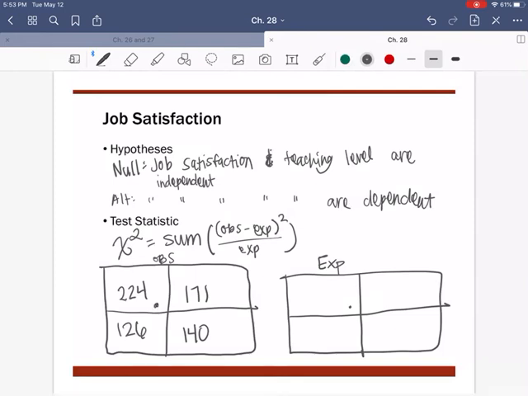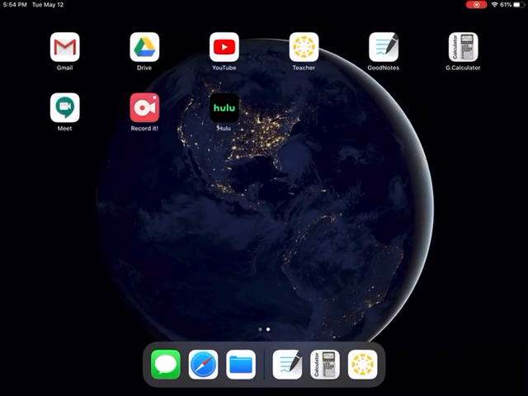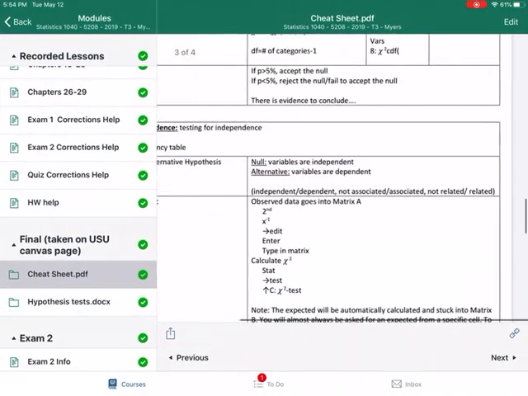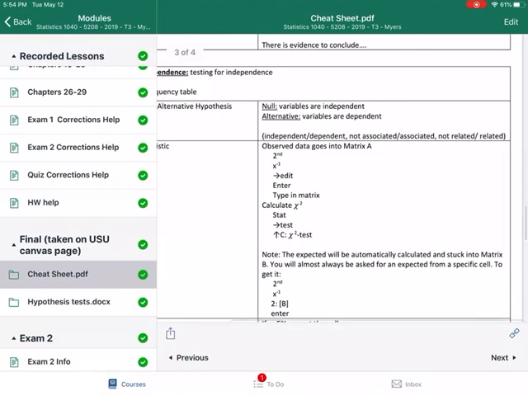So cell by cell, they're the same. It's just the observed versus the expected for those. And then your calculator will take the observed minus the expected, square it, divide by the expected, and sum up these four to come up with what chi-square equals.